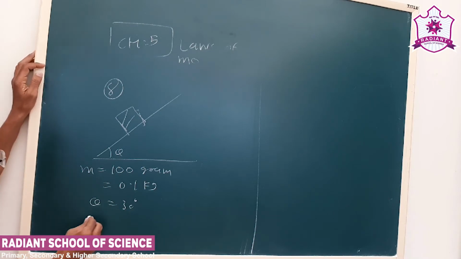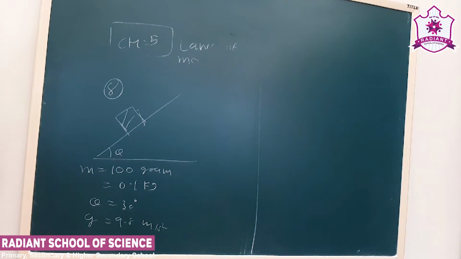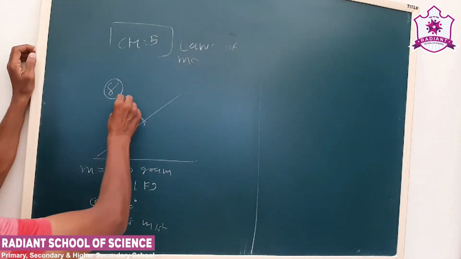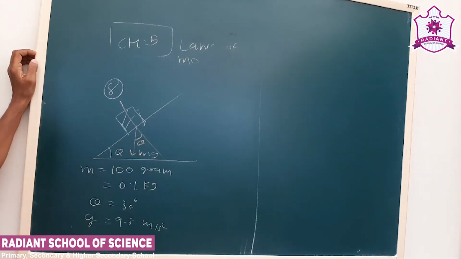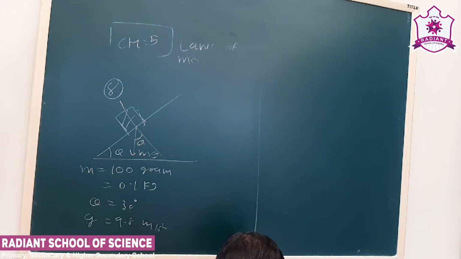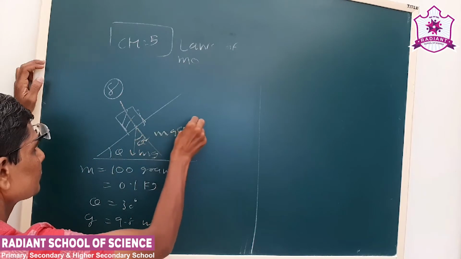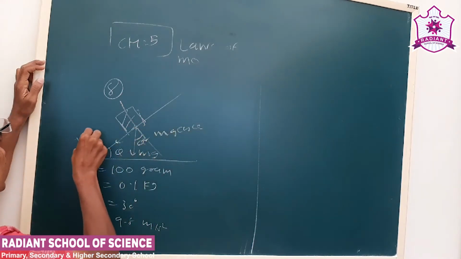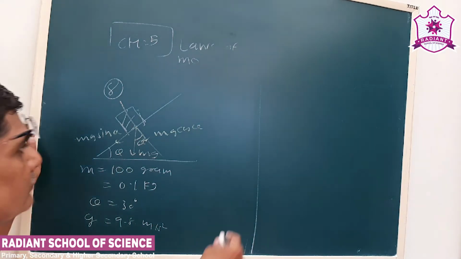G is given as 9.8 meter per second square. See what will be the frictional force. Now again we have discussed just now. See the weight mg, this theta will be the same by the geometry of the figure. So what we can see here, mg cos theta, mg sin theta.